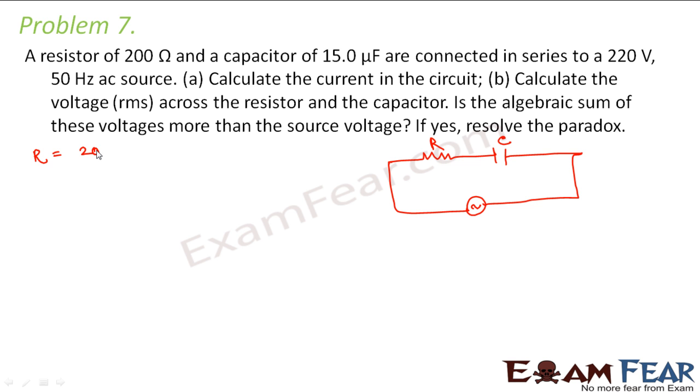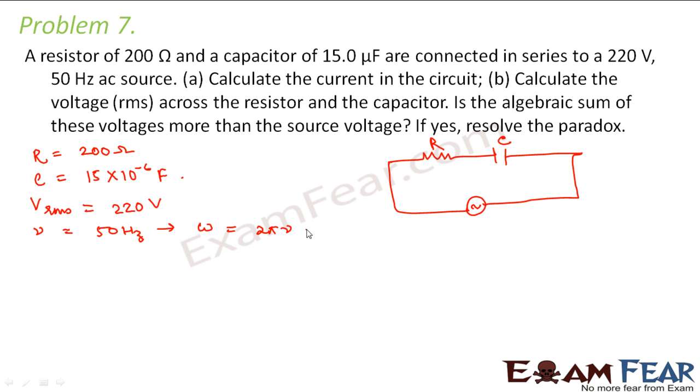So resistor is given as 200 ohms. The capacitor is given as 15 microfarads, which is 15 into 10 to the power minus 6 farads. Vrms is given as 220 volts. Frequency is given as 50 hertz. So from this frequency we can calculate angular frequency, which is 2 pi nu, as 100 pi radian per second.